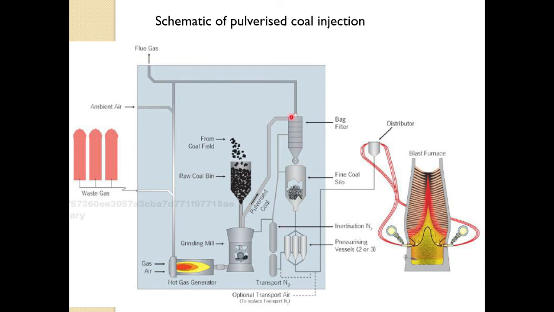I am not going to talk much about that, but the main thing is that after this fine coal silo, pulverized coal comes, it goes through the transport air to the distributor, and this is also a very critical part, because this distributor has to make sure the coal which is being delivered to all the tuyeres is consistent.